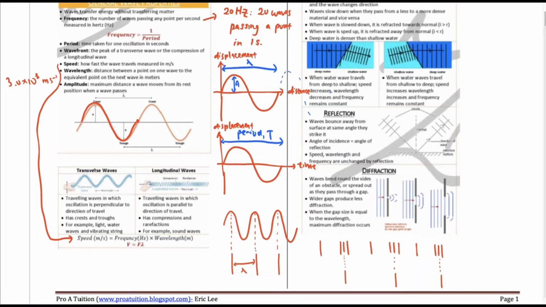Those are all transverse waves. More common ones: water wave, and the vibrating string from a guitar or violin. So they are all transverse waves. There are a lot of examples for transverse wave, but for longitudinal wave, just sound wave or ultrasound. Ultrasound is just sound also, so it is easy to remember. Other than sound wave and ultrasound, the rest will be transverse wave.